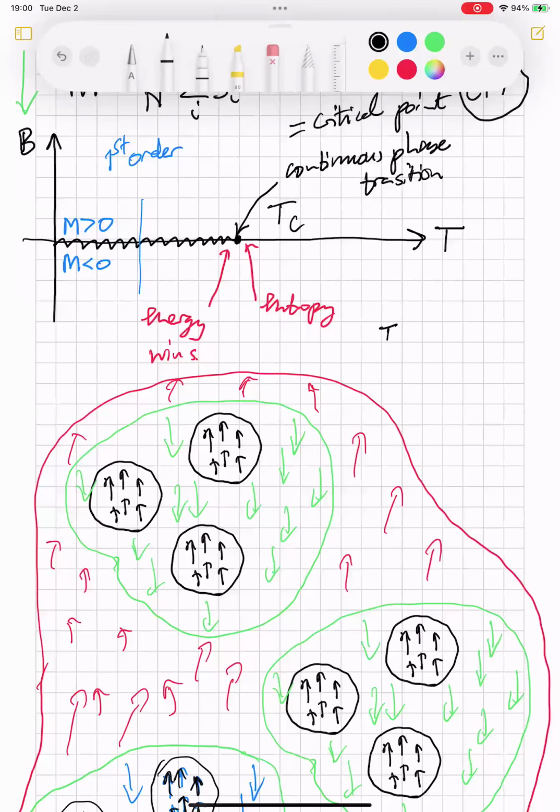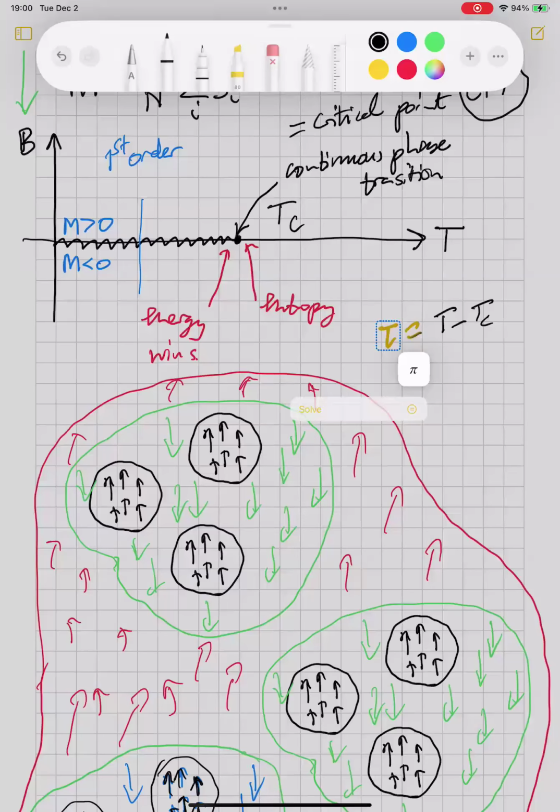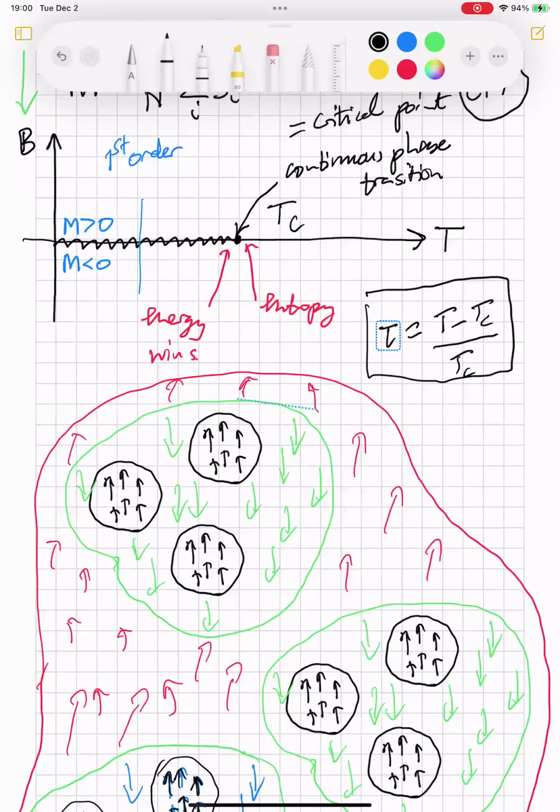So tau is actually equal to 0 at the critical point. Just above the critical temperature, tau is positive, and just below the critical temperature, tau is negative. So tau is going to be the variable that I'm going to use instead of the temperature. But when I'm telling you how things depend on tau, I'm telling you how they depend on the temperature.